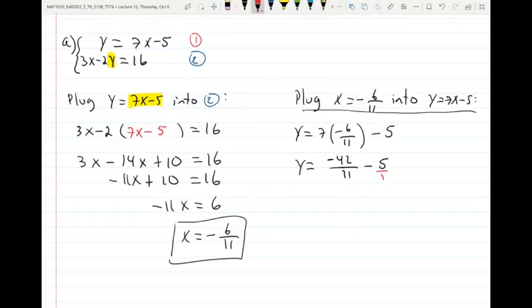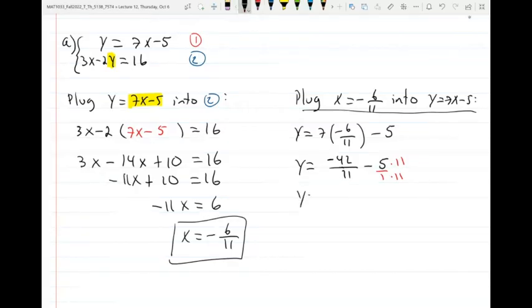Let's see, what's the LCD here? 11. So that means a 1 and 11 down here. Okay, this one already has an 11, so we don't touch it. Now, this one we need an 11, so what do I need to multiply this by? 11, but if you multiply the bottom, you also need to multiply the top, otherwise you're changing the whole problem. So I'm going to do times 11, but I also do times 11 on top. Do you understand this?